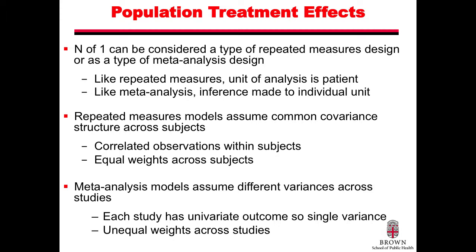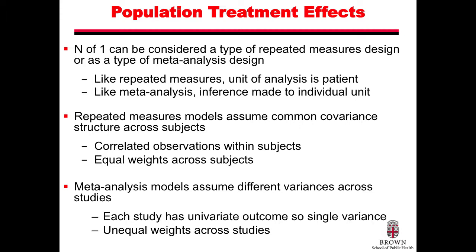So again, the advantage of doing it this way is you can not only make inferences about individuals, but you can make inferences about the population. So you can think about this as a kind of repeated measures design or a kind of meta-analysis design where the unit of analysis is the patient and inferences are being made to that unit, but also to other units.